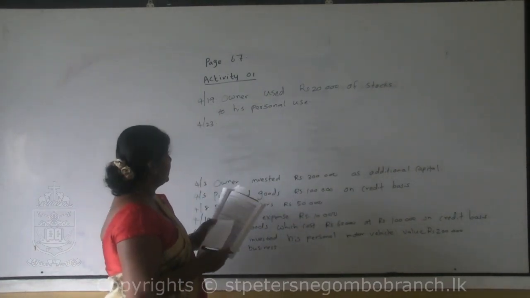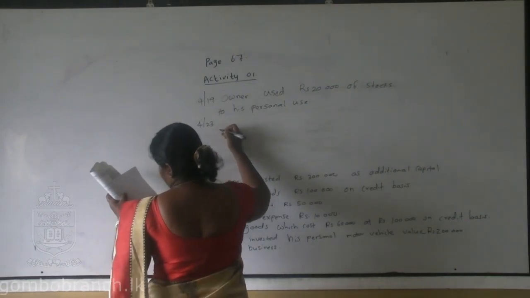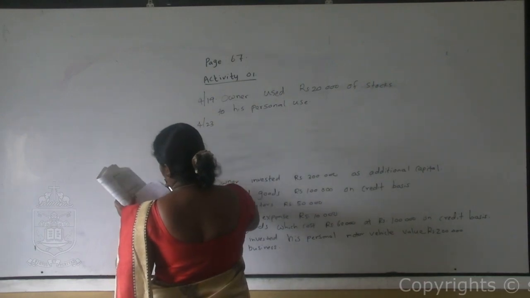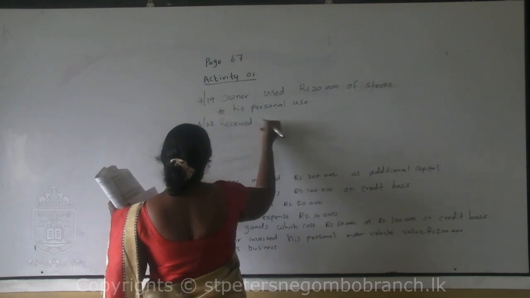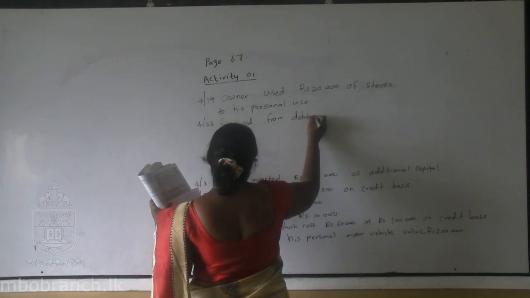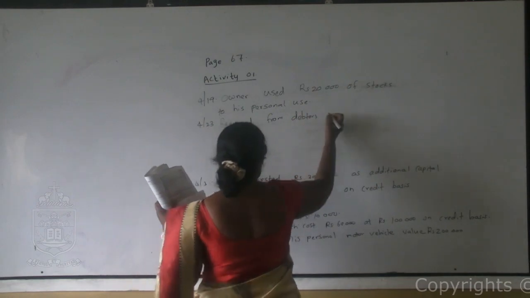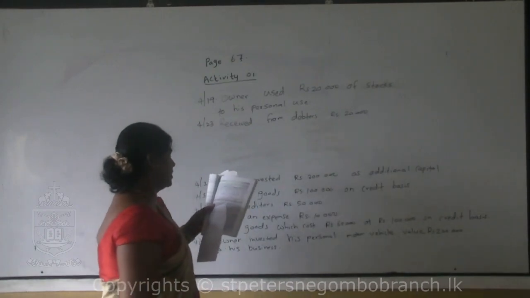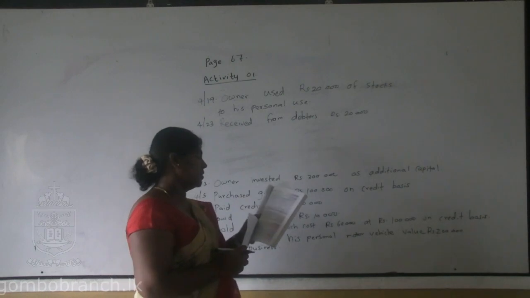So you can write it as a transaction. Received from debtors 20,000.